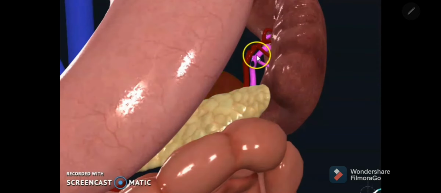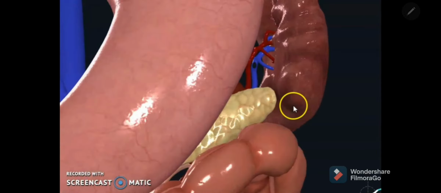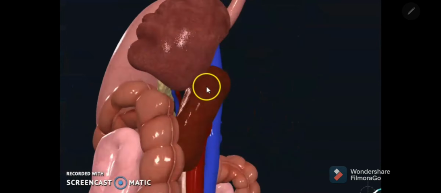So the tail is related anteriorly and above to the stomach, forming a part of the stomach bed, posteriorly and below to the left kidney, anteriorly and below to the left colic flexure. So just remember where the hilum of the spleen lies, the tail lies there only.